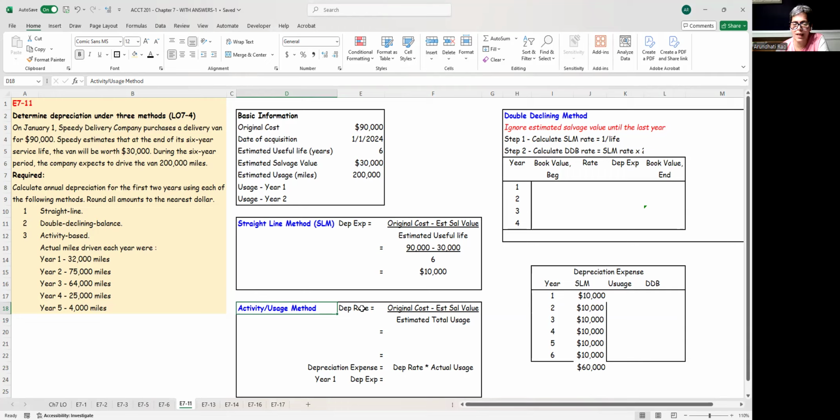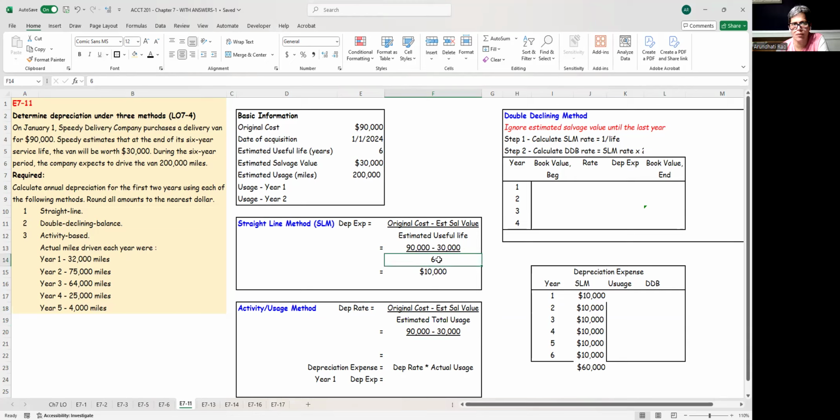Here what we'll do is we'll calculate the rate of depreciation per unit of whatever this activity is. So for the delivery van, they're measuring activity in miles that can be driven. The numerator is going to be exactly the same as you had in the straight line method, original cost minus estimated salvage value. So it's that same $60,000. 90 minus 30 is 60,000.